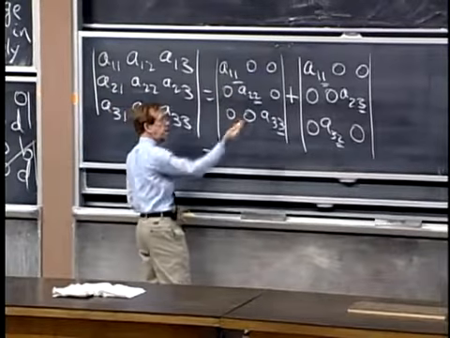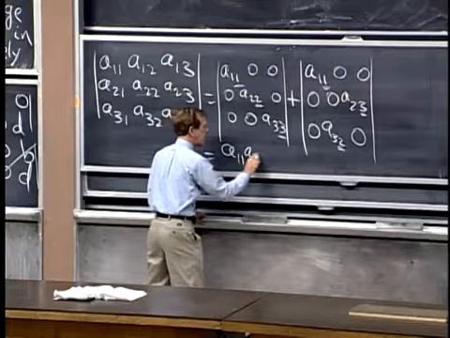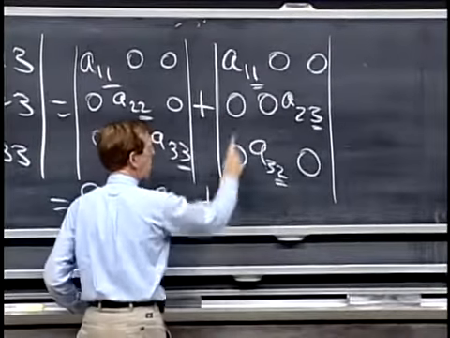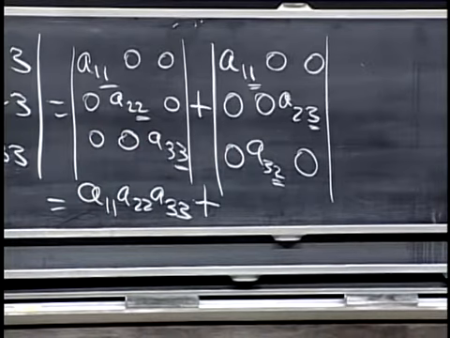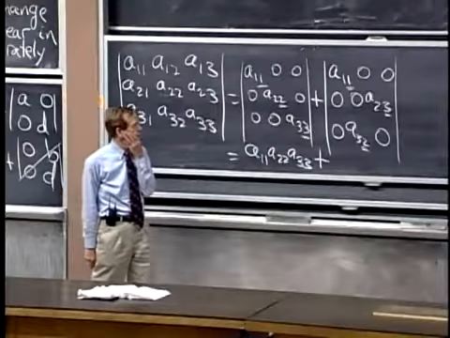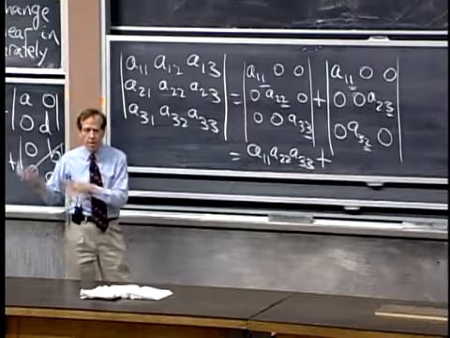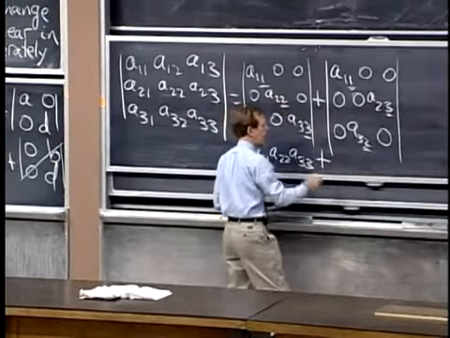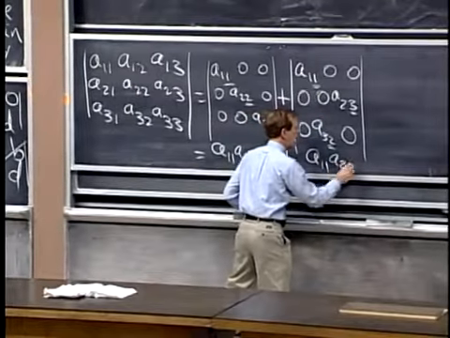So what is that determinant equal? Well, I factor those numbers out, and I've got A11 times A22 times A33. And what does this determinant equal? Now tell me. We're really getting to the heart of these formulas now. What is that determinant? By our three properties, I can factor out the A11, the A23, and the A32.